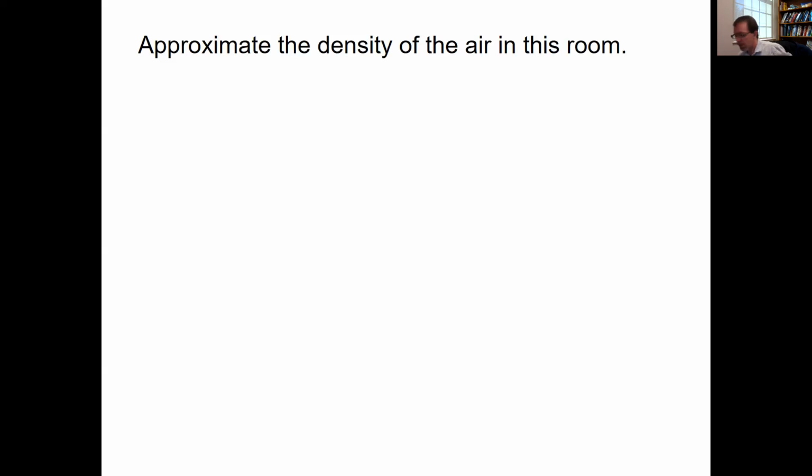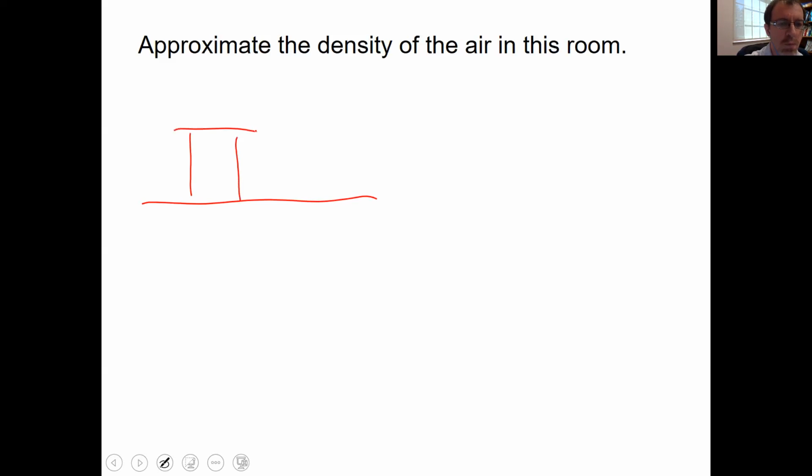But in my office, I've used a table, and the pressure at the floor and the pressure at the top of this table. That looks like a pie, but anyway, the pressure at the floor, and I already made these measurements, was 95,826 torr.